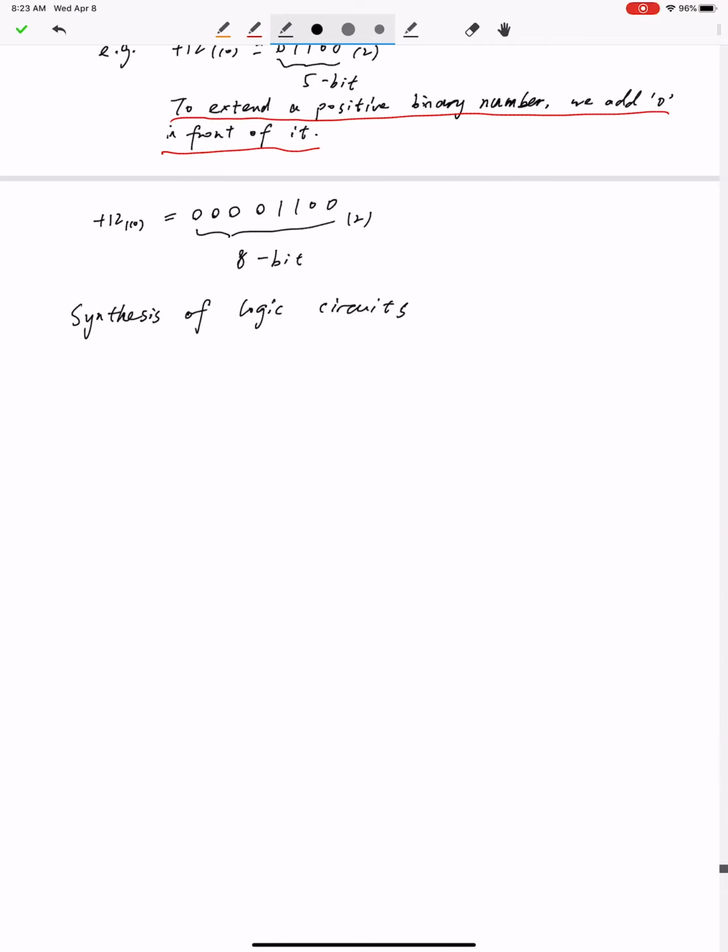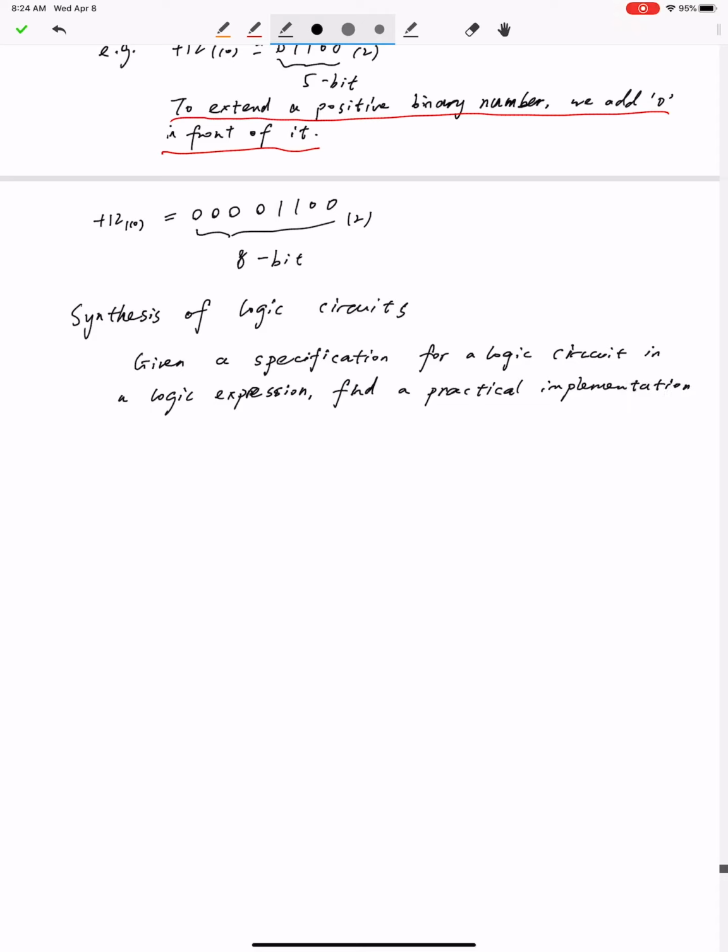So sometimes, we are given a specification for a logical circuit in a logic expression, and we want to find a practical implementation. So that's the definition of the synthesis of logical circuits.